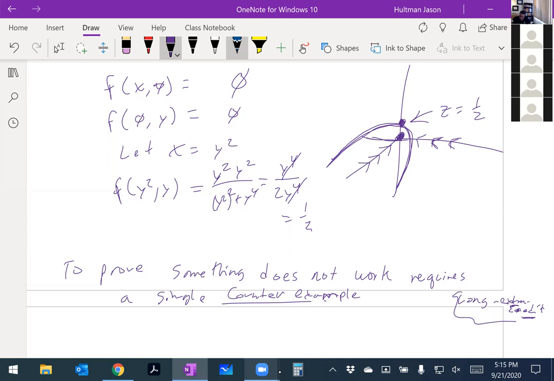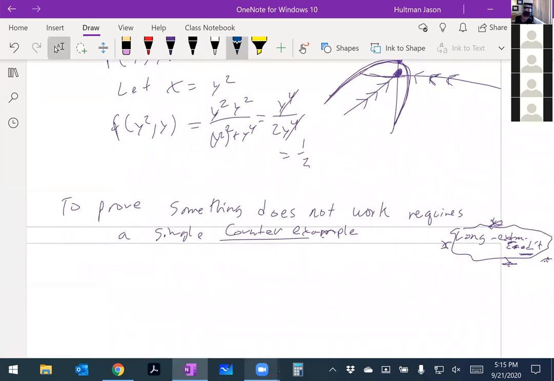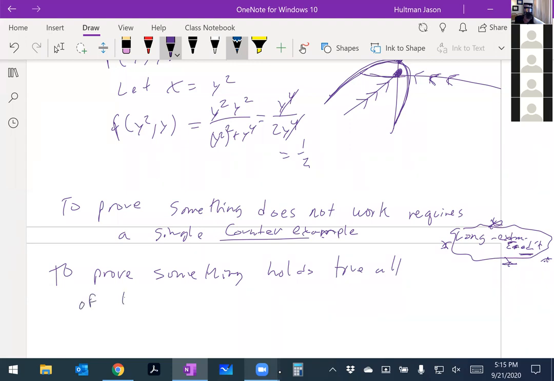Okay, let's write that as a note for myself. Yes, it's a counterexample. It requires only one counterexample. To prove something does not work requires a single counterexample. To prove something holds true all of the time requires a mathematical blank.